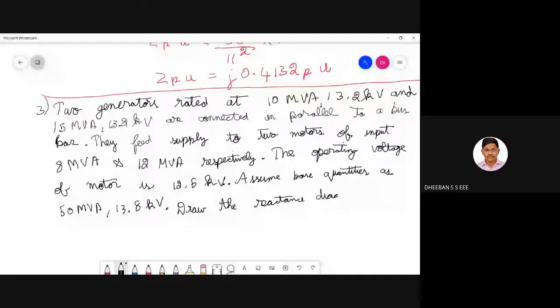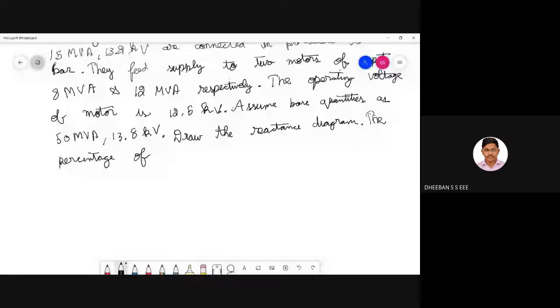Another parameter they have given, the percentage reactance for the generator is 15% and for the motor is 20%.